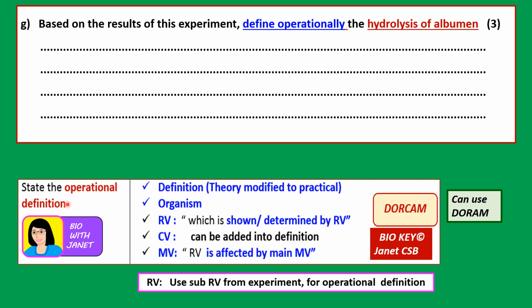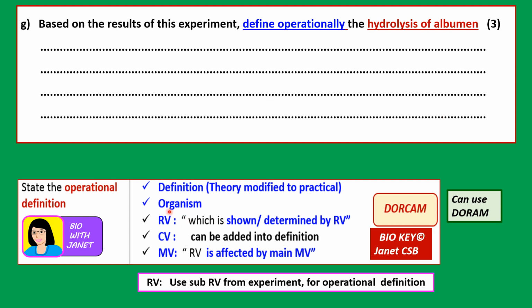Or state the operational definition. It's the same as define operationally. So the word operationally here means based on the experiment in the lab. Operationally means experimentally. Based on your experiment that you carry out in the lab, you're asked to define the hydrolysis of albumin.